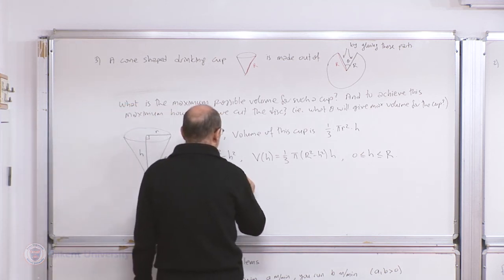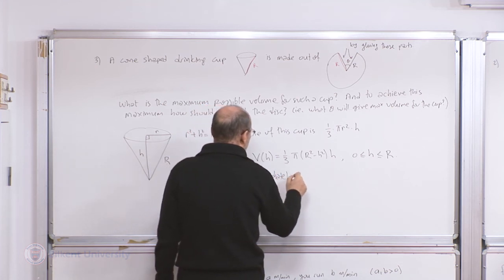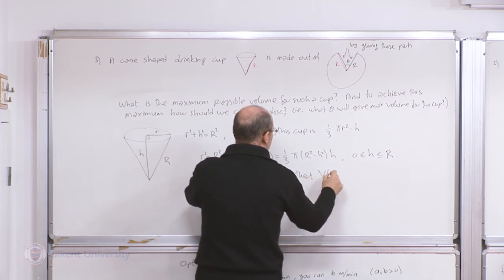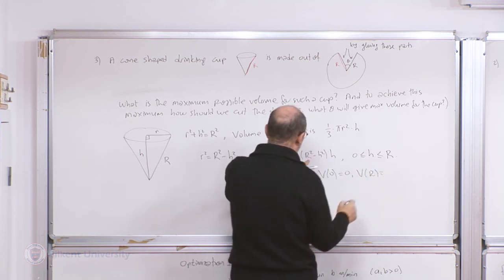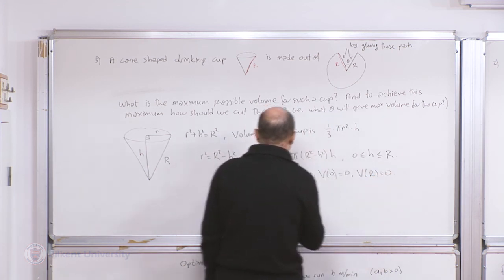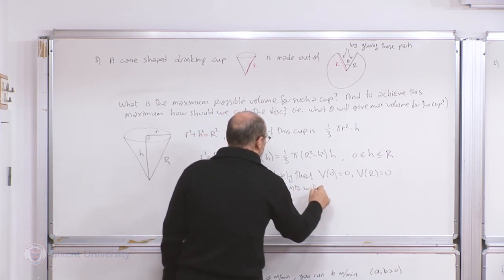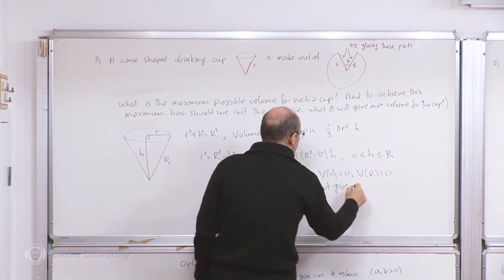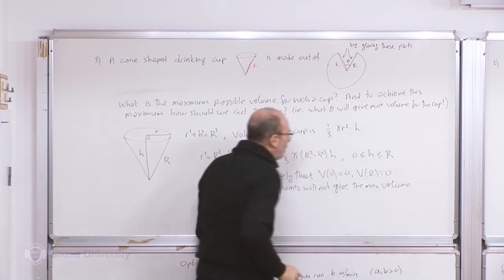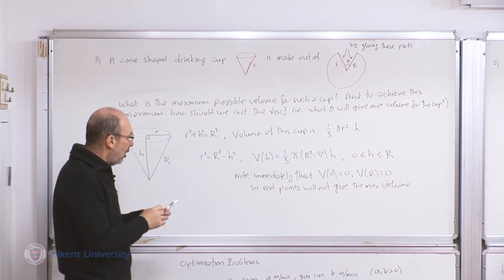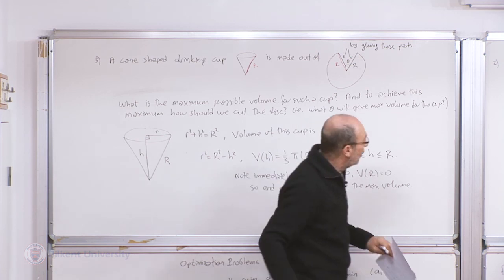Okay, so note immediately that V(0) is 0 because of this part, and V(R) is 0 because of this part. So endpoints will not give the max volume. Now what remains is to take the derivative of this. Let me erase this.